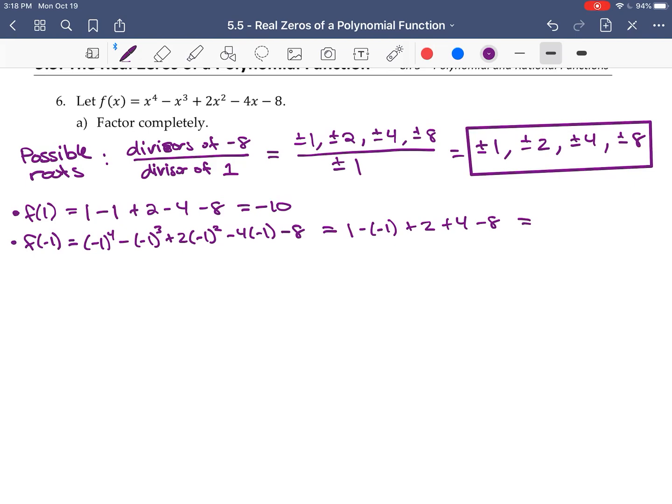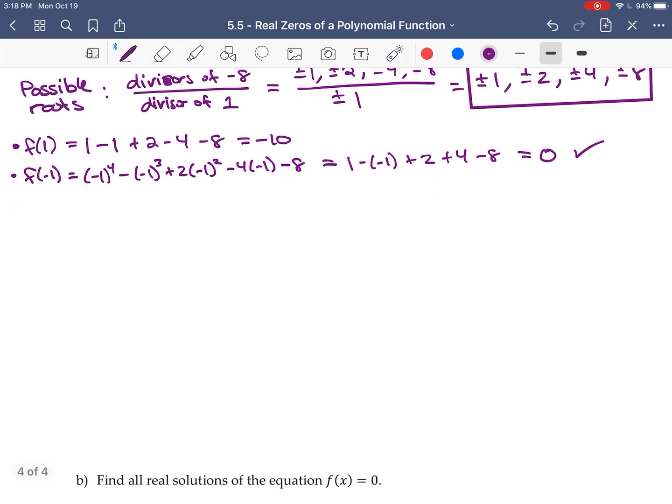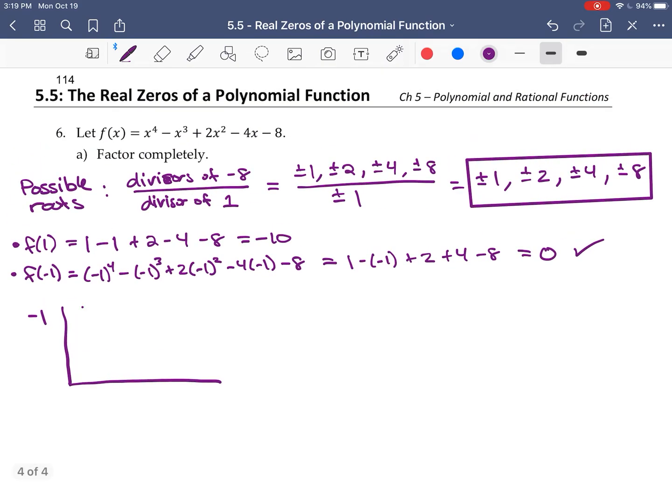So here I actually do get a 0, because 1 plus 1 plus 2 is 4, plus 4 more is 8, minus 8. So we can factor that out. Maybe we do synthetic division. We want the -1, and our coefficients are 1, -1, 2, -4, and -8.